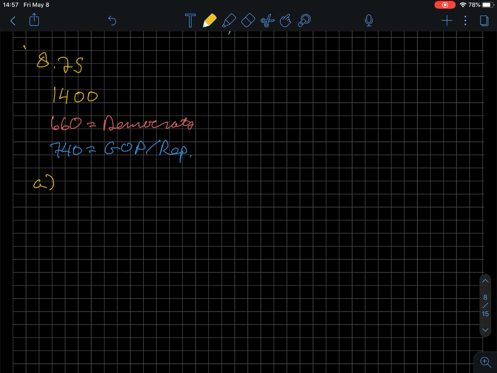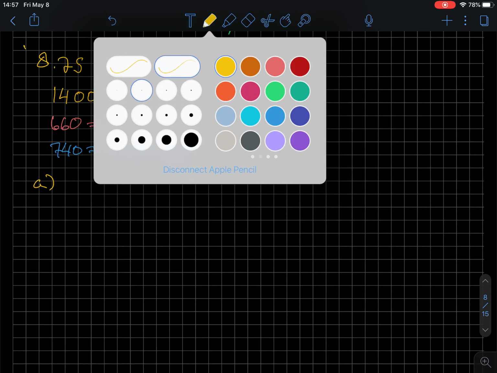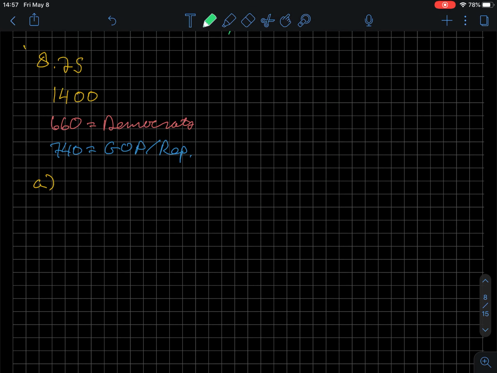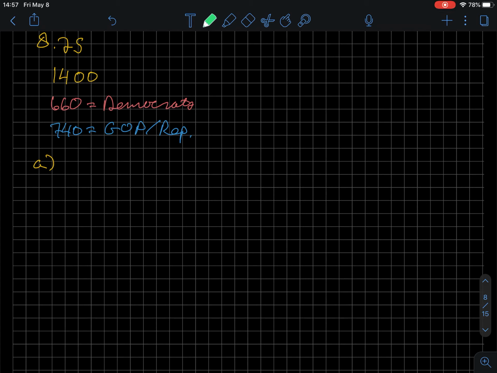Could we go off of that to say who's going to win? How would we go about solving this? The first thing to do is sample a proportion. What it's asking is, is there enough certainty where we could actually declare a winner based off of this? So this is more about whether this is a close call or too close to call. This is what this question is asking.